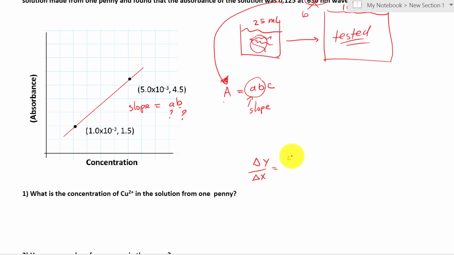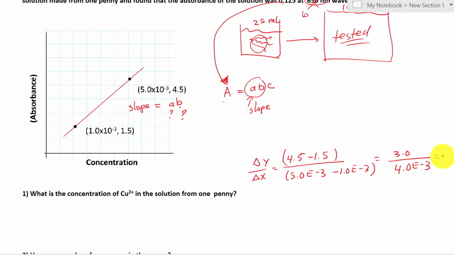So we have 4.5 minus 1.5 divided by 5.0 e to the negative 3 minus 1.0 e to the negative 3. And this gives us, what do we have? On top will be 3.0, on the bottom will be 4.0 e to the negative 3.